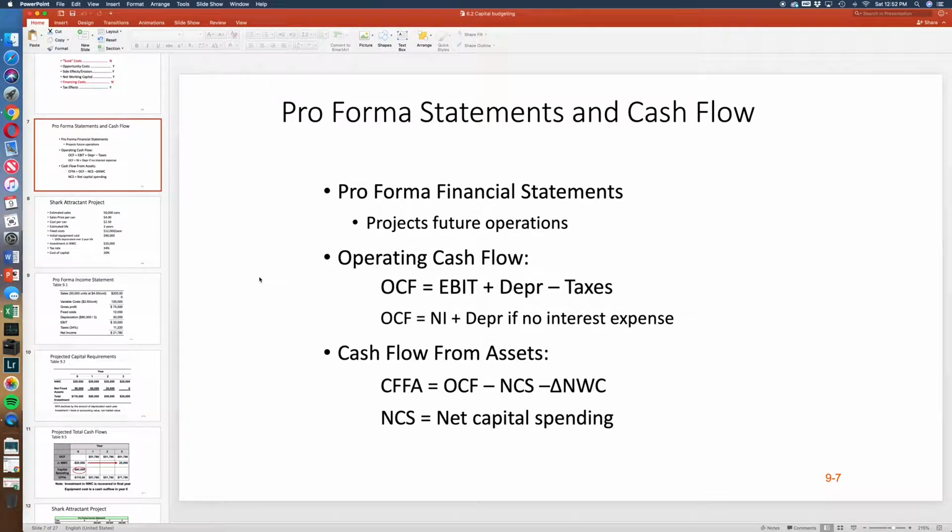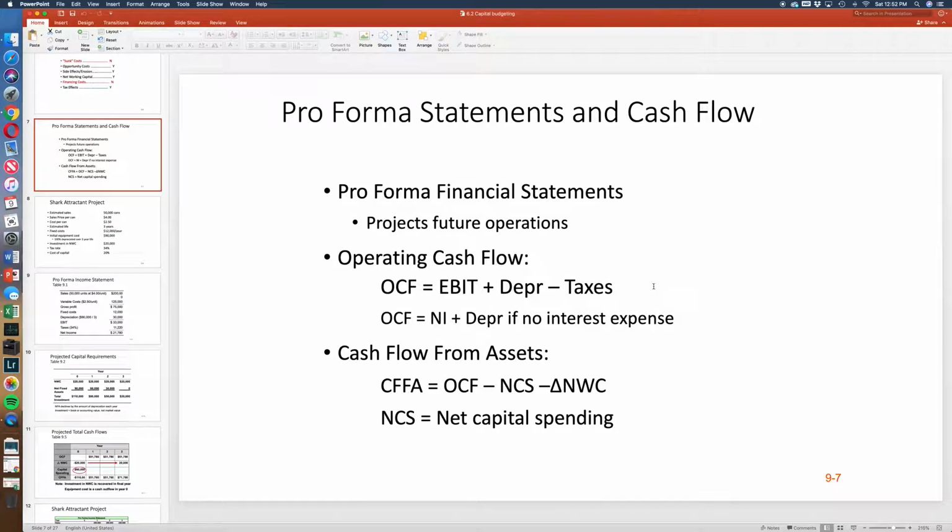Slide number 7. When we're talking about the pro forma statement and the cash flow, by definition, operating cash flow can be calculated in two ways. The first one we call a top-down approach: EBIT plus depreciation minus tax, which will give you the OCF.